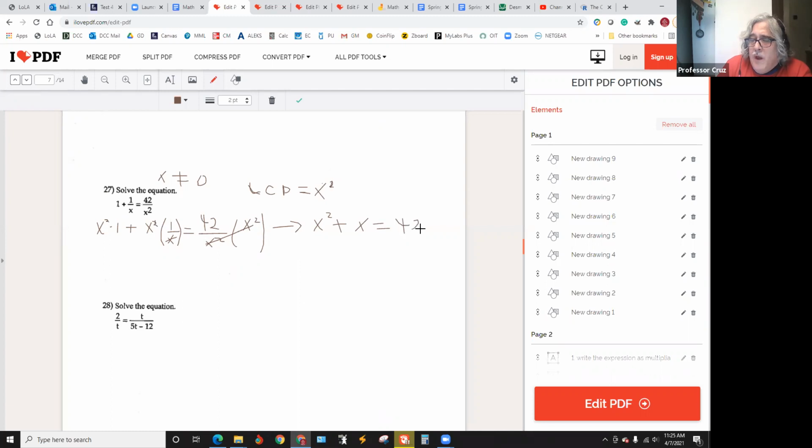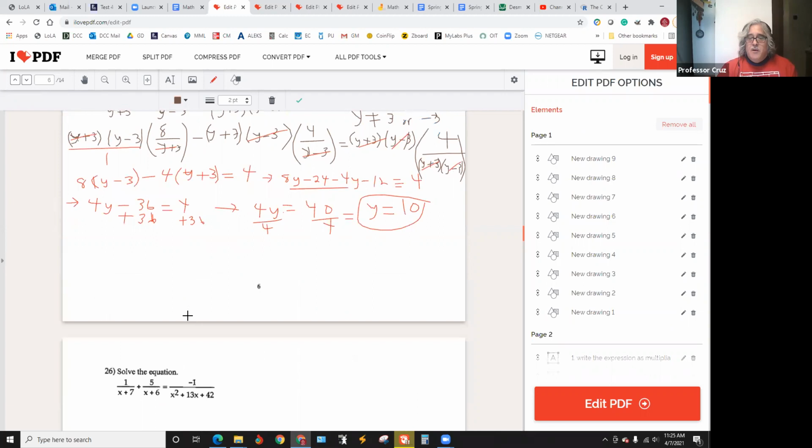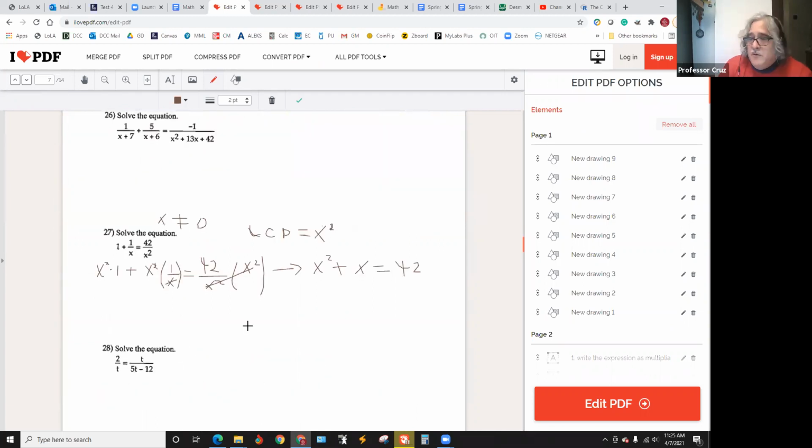So this is a quadratic, and that's one reason why I wanted to cover this, because unlike these two, which are pretty much the same and would just have one solution, this one is going to have 2 solutions.